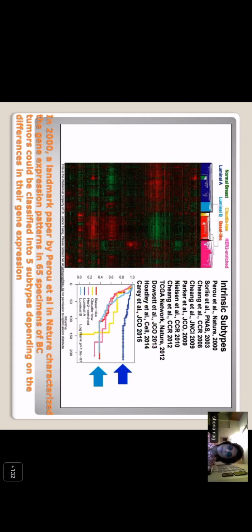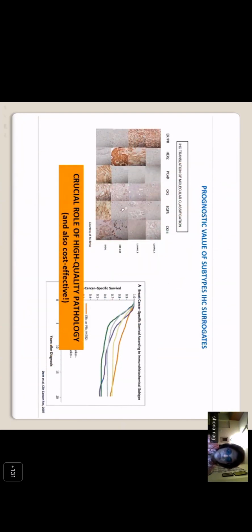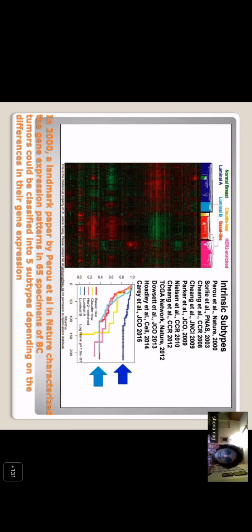A landmark paper in 2000 by Perou and his colleagues in Nature analyzed and characterized the gene expression patterns in 65 specimens of breast cancer. They found through hierarchical clustering, and if you look nicely here, the verticals are the patients and the horizontal lines represent the genes. You can see these patterns look completely different.